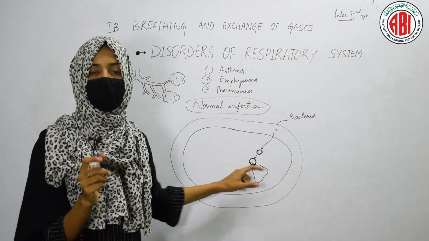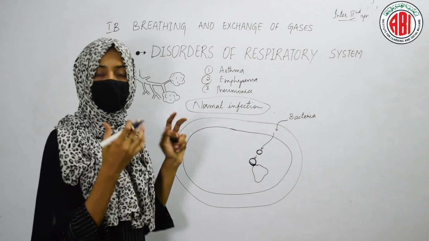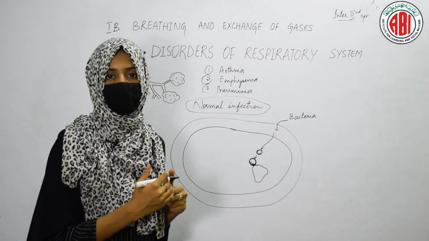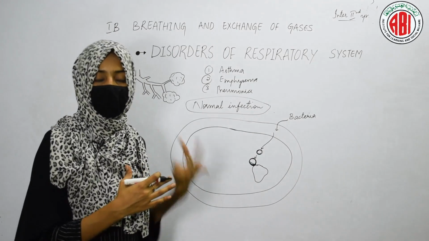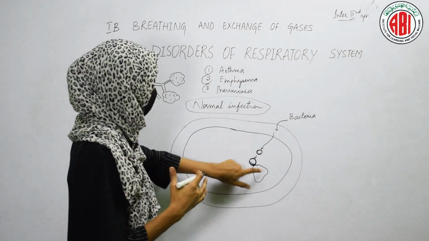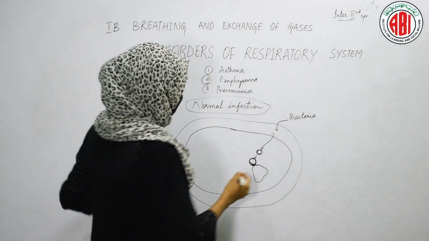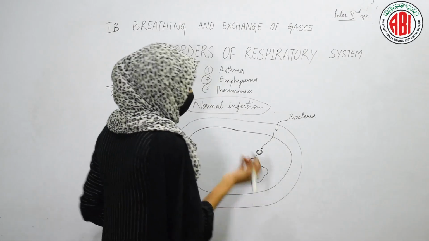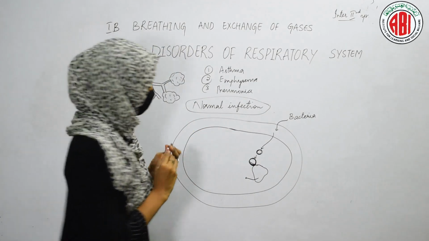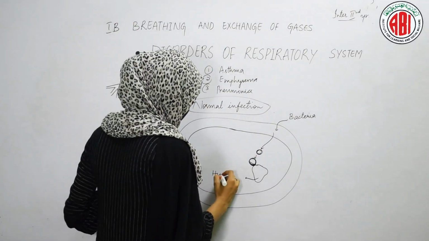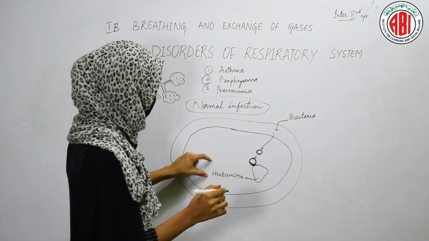This mast cell can sense that some foreign material has come into our body and it is damaging our organ. So it becomes active. The mast cell becomes active and it secretes one important chemical. The name of that chemical is histamine. So it secretes a chemical called histamine.